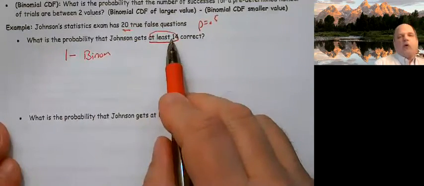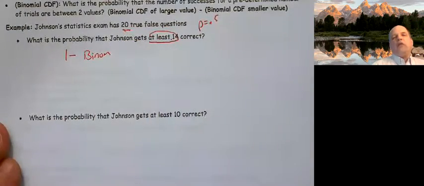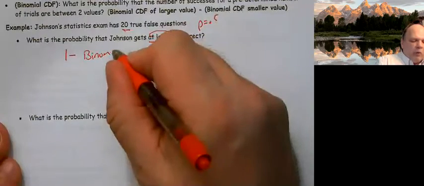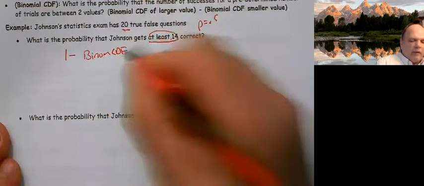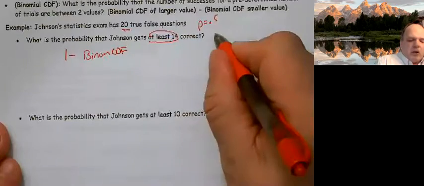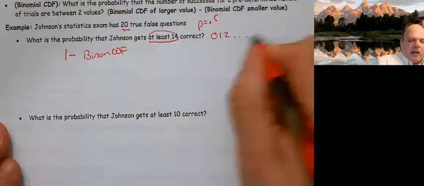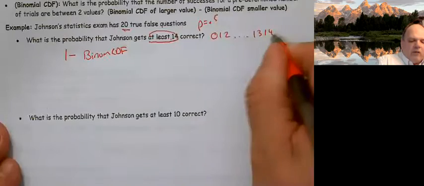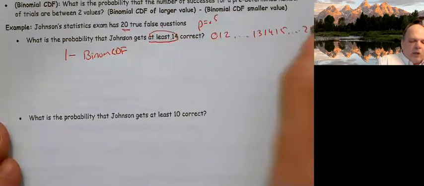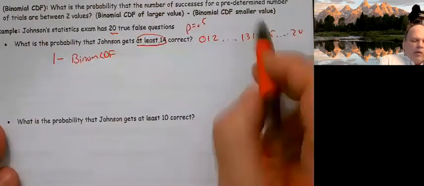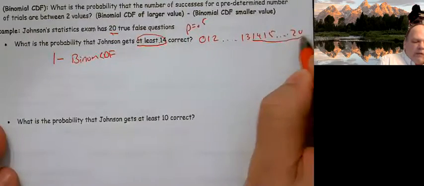So 14 or more, that would be 14, 15. So that means we have multiple values. So 1 minus the binomial CDF. Now, we'll make our number line 0, 1, 2, dot, dot, dot, 13, 14, 15, dot, dot, dot, all the way to 20. This 14 is at least 14, 15.